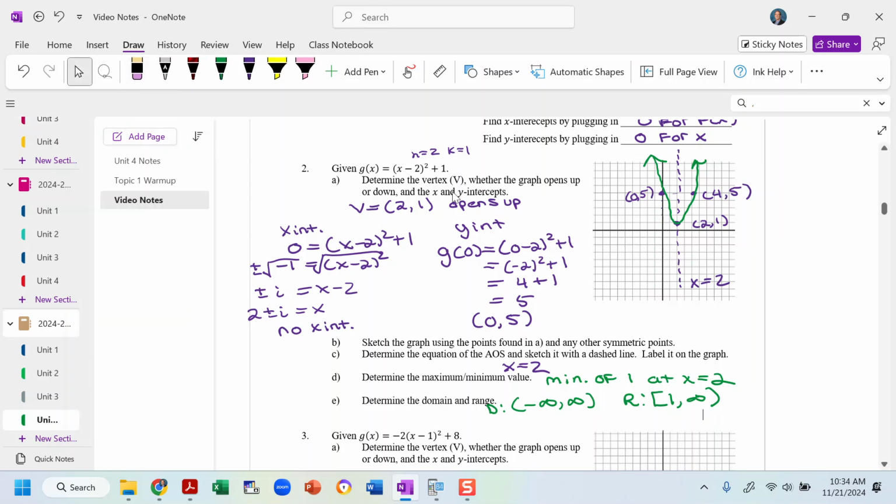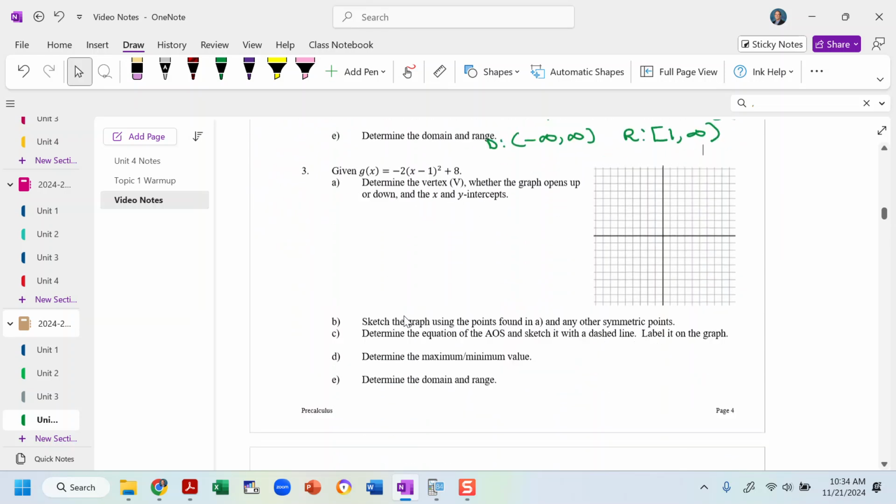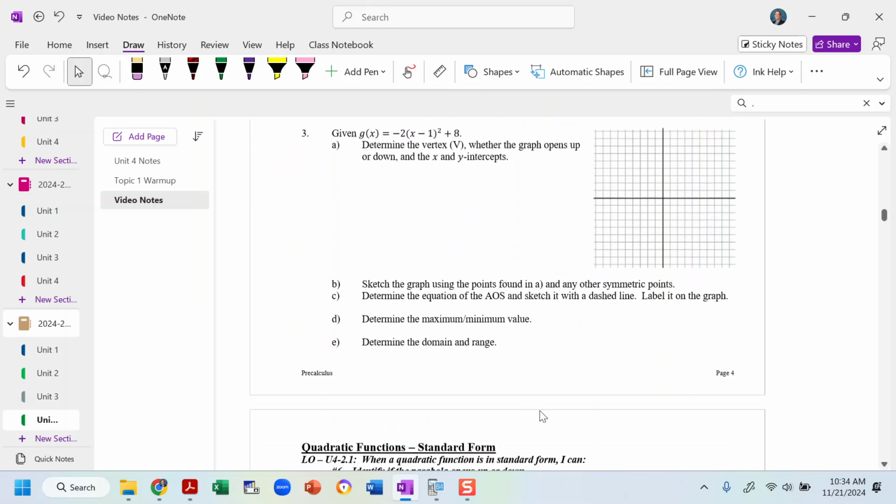Now, the next one. So here, the vertex is equal to 1, 8, since h is 1 and k is 8. Now, it opens downward since a is negative.